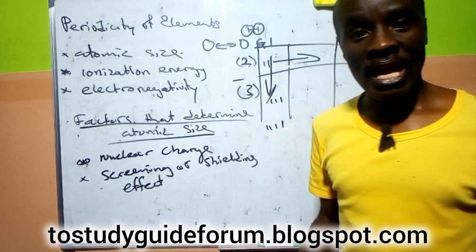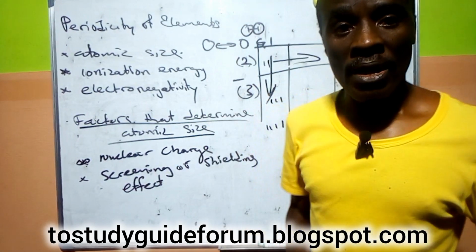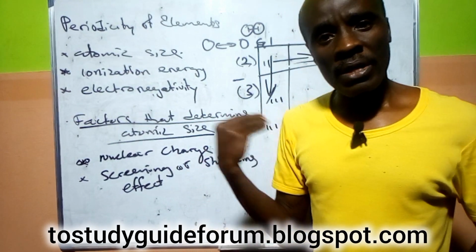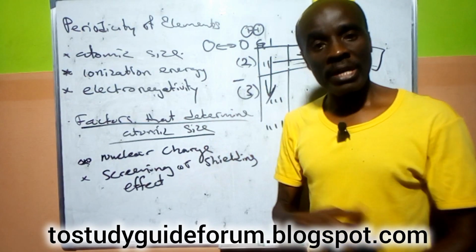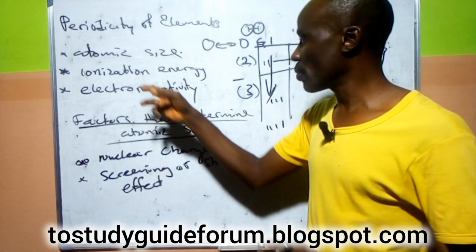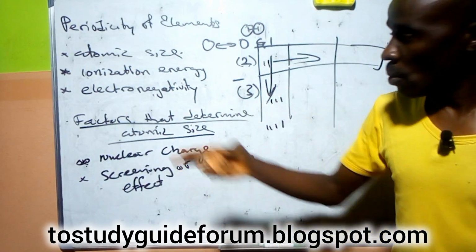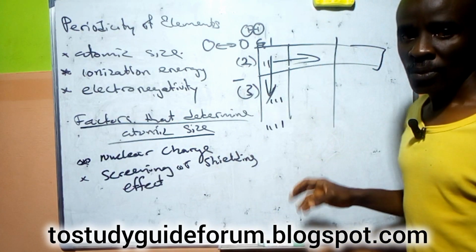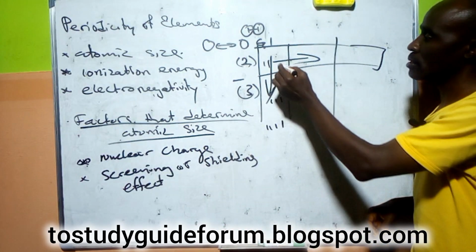Now we come to the ionization energy. Ionization energy is the energy required to release an electron to form an ion during a chemical reaction. The energy required to knock off an electron from an atom of an element tends to increase.